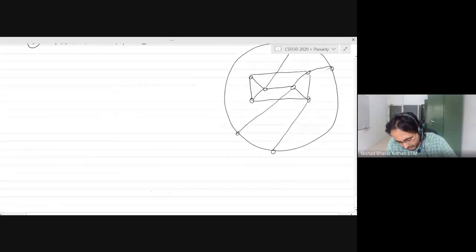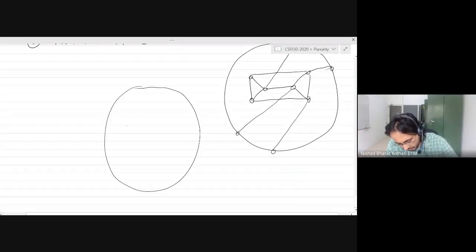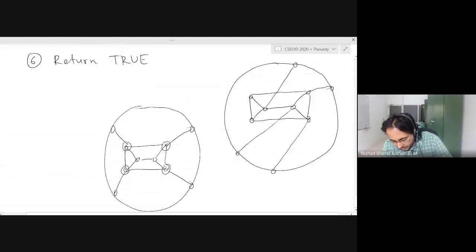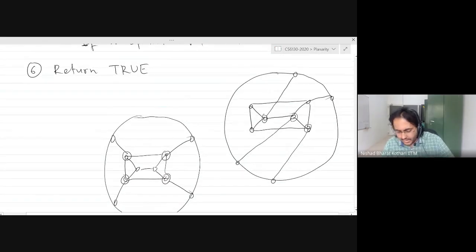So for example, this is a good case, because all the vertices of attachment, the edges going to the other vertices here, are all on a common face. But in this example, they are not on a common face. And there is actually no way to redraw this bridge so that all the four vertices that I have marked come on a common face. Do you see the problem?